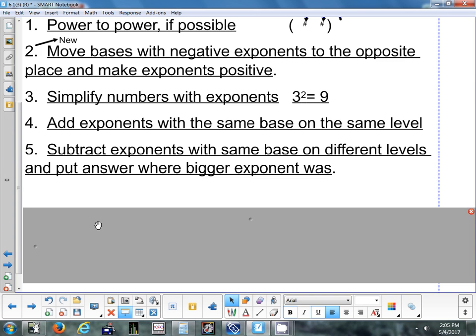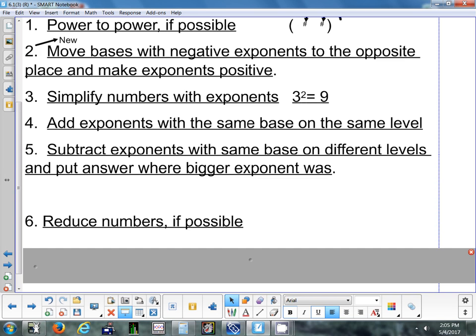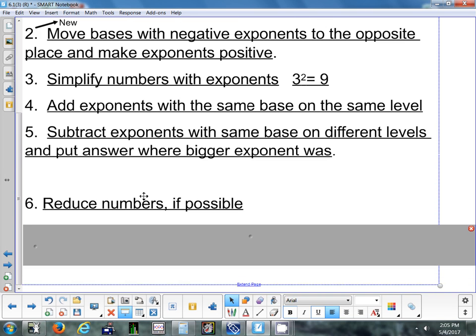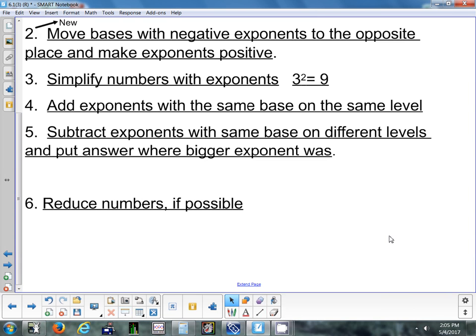Guys, I'm just going to move on to step 6, and I'll give you time. Reduce the numbers if possible. If you're not sure, remember yesterday we had the 2 little arrows. We want to see if the bigger number can go into the smaller. Or your other option is, can both numbers be divided by a certain number? Those are your 2 choices.